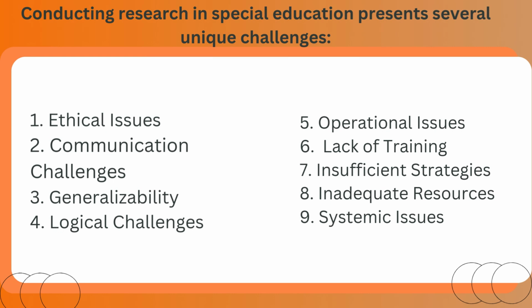There are 9 most popular challenges. The first is ethical issues, second communication challenges, the third is generalization, fourth is logistical challenges, fifth operational challenges, next lack of training, insufficient strategies, next is inadequate resources, and the last one is systematic issues.